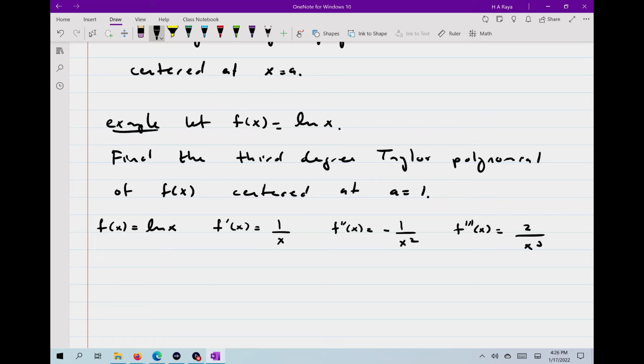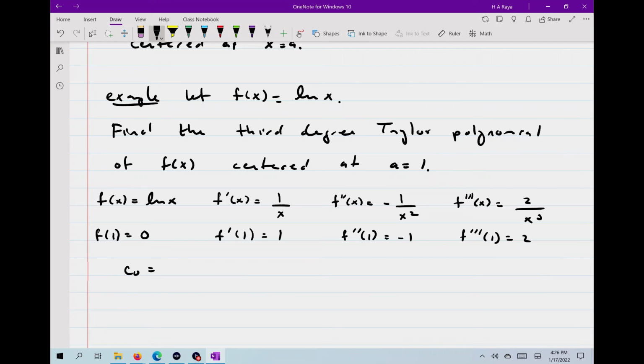I'll evaluate these at 1. So f of 1 is the natural log of 1, which is 0. f prime at 1 is just 1. f double prime at 1 is negative 1. And f triple prime at 1 is equal to 2.